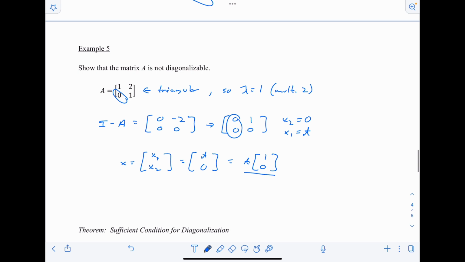So because A does not have 2 linearly independent eigenvectors, we know that A is not diagonalizable.